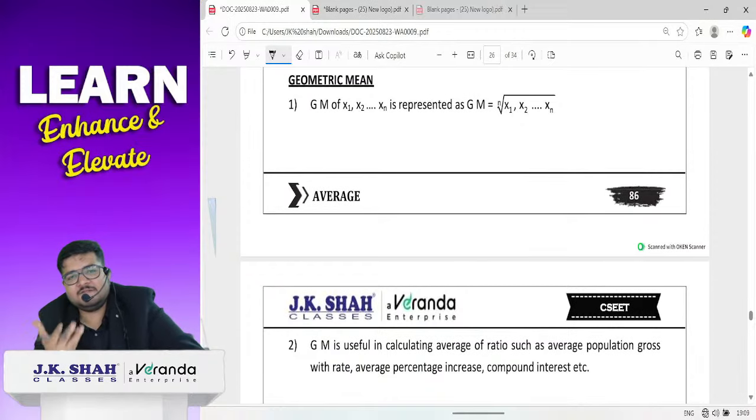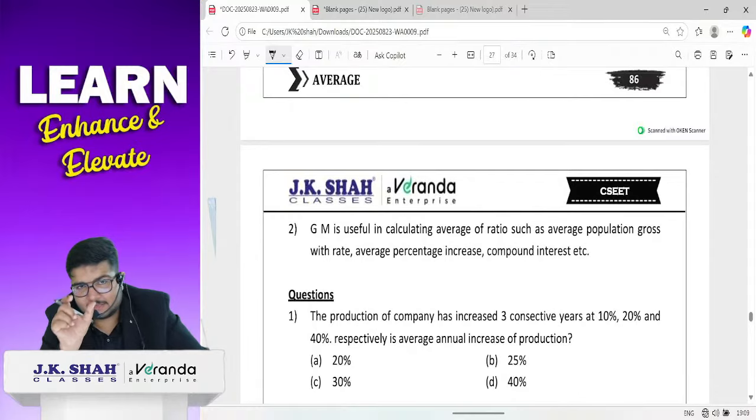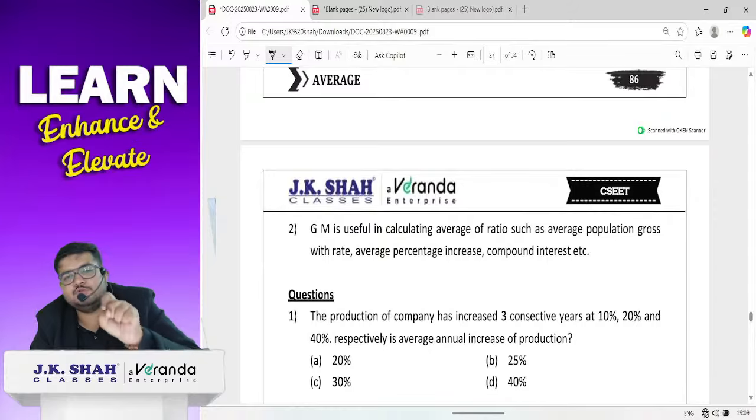So sir, how will we understand that this sum is supposed to be solved by arithmetic mean, geometric mean, or harmonic mean? If you find some keywords, then only you have to do geometric mean.